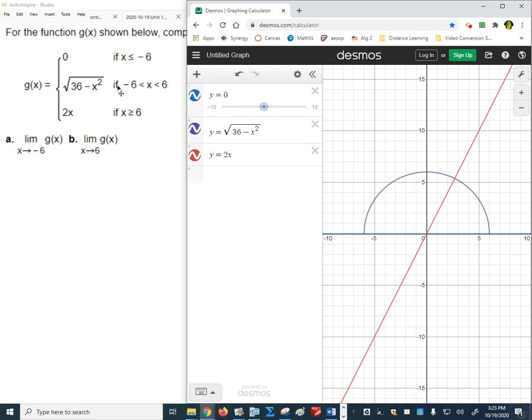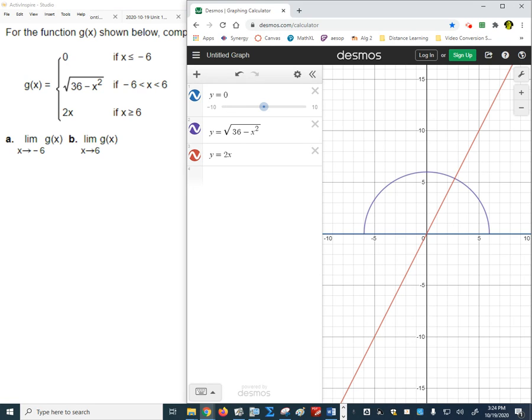As we approach negative 6, we get a value of 0 from the left, because that's the blue one. As an ant is walking towards an x value of negative 6 from the left, he's approaching that point right there, which looks like a y value of 0.